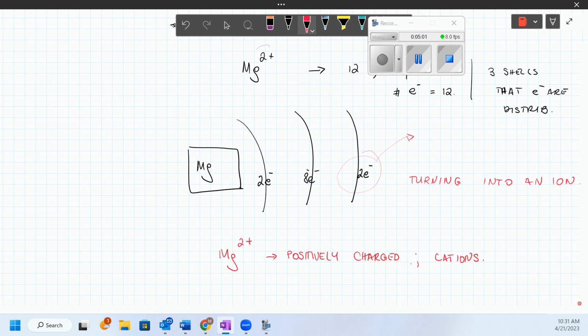Now, if magnesium is on its own, it will stay positively charged.